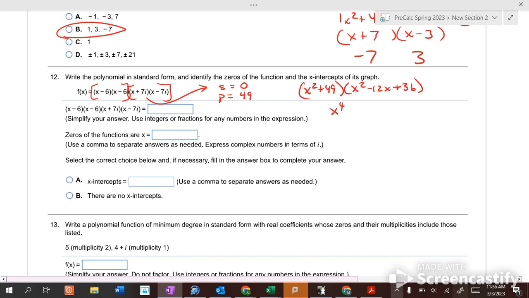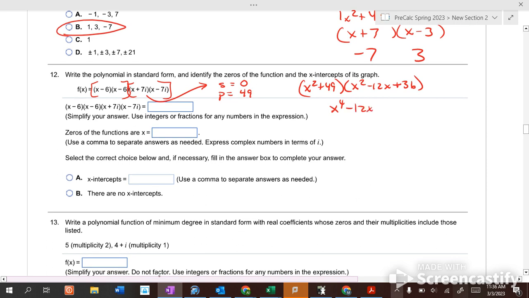So it's x to the fourth minus 12x to the third plus 36x squared plus 49x squared minus whatever 49 times 12 is, I don't know, and whatever 36 times 49 is. And then you just add your middle two terms. Okay? I'll let you guys figure, well, let's keep going with that.